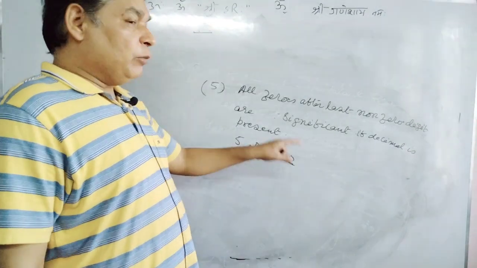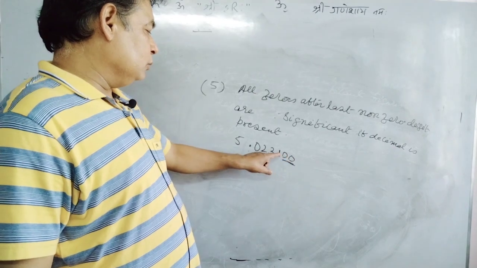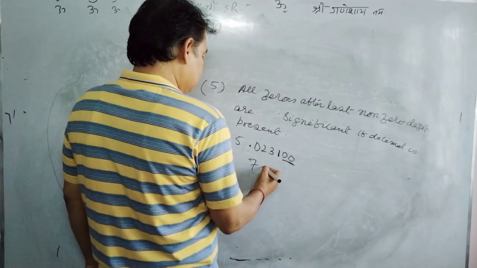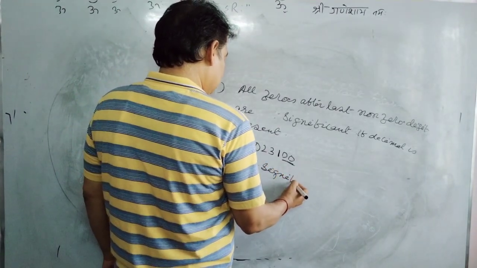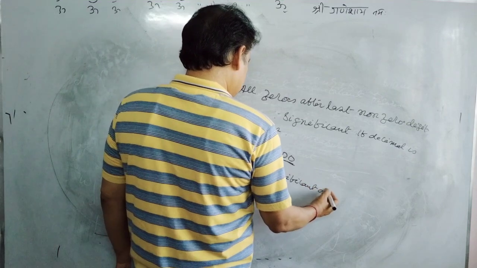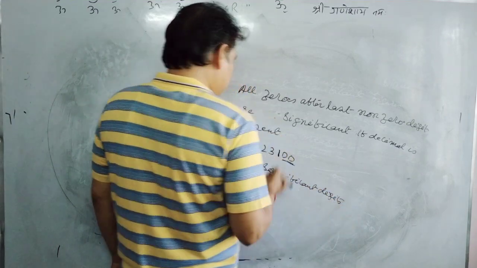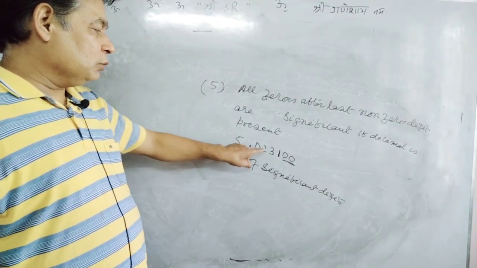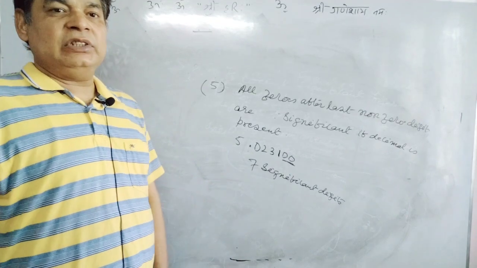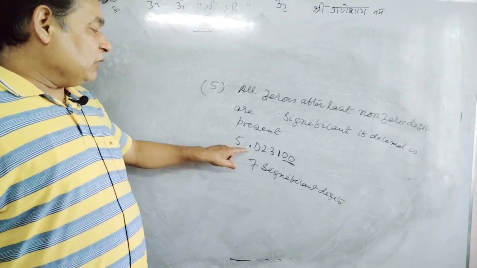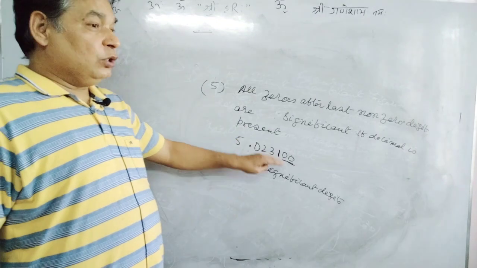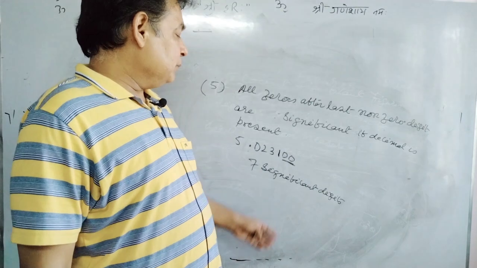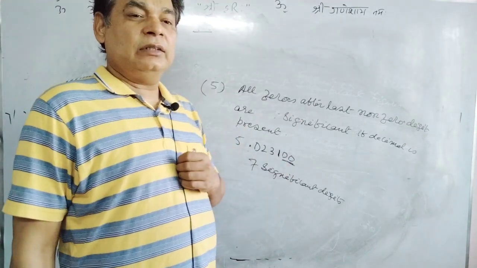The total number of significant figures is 7. If a decimal is not present, then only 5 digits are significant. But after the presence of a decimal, the zeros appearing at the end after the last non-zero digit are assumed significant.